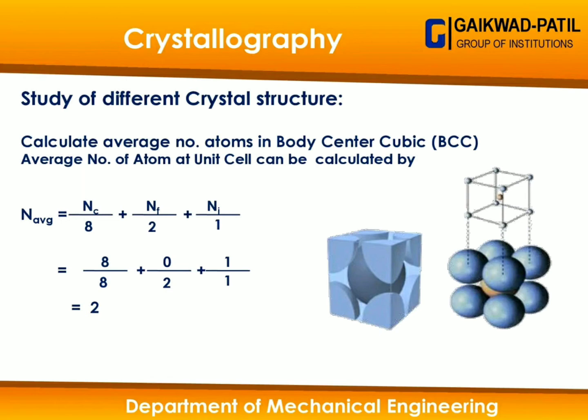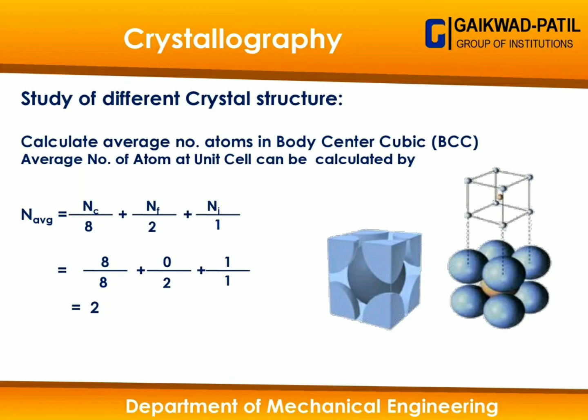N_avg, the average number of atoms, is equal to Nc, the number of atoms at the corner, divided by 8, since 8 unit cells share the corner atom, plus Nf, the number of atoms at the face, divided by 2, since the face atom is shared by 2 unit cells, plus Ni, the interior atom, shared by the unit cell itself.